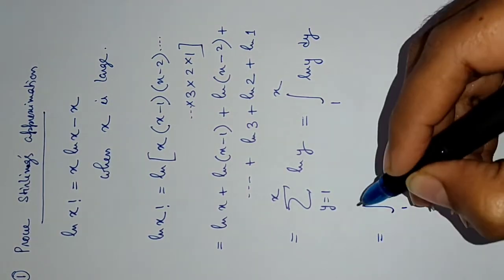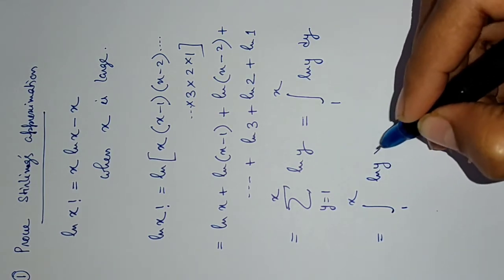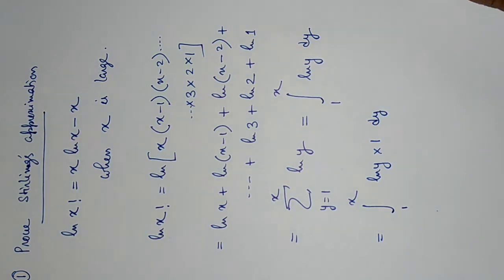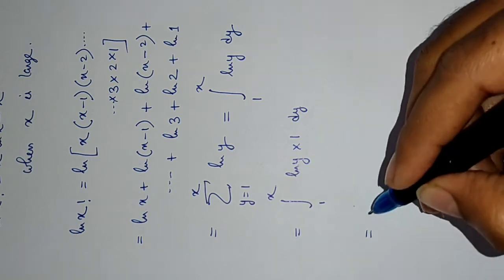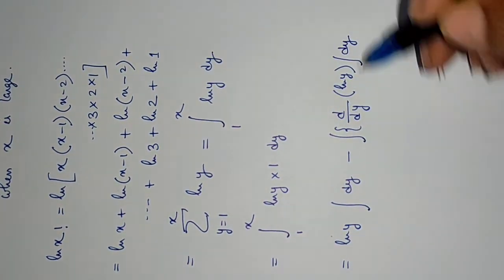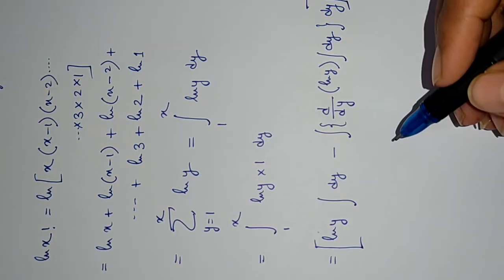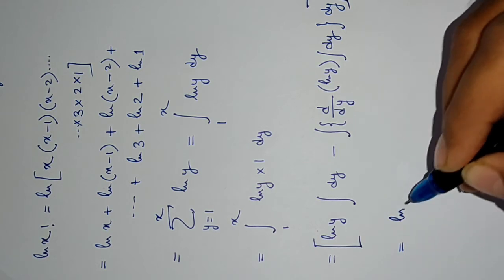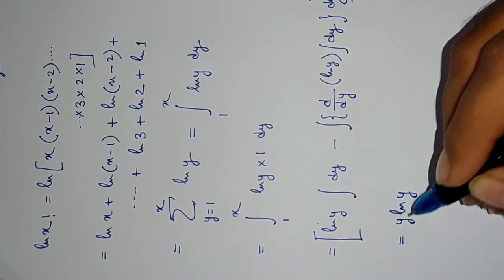We have to integrate it by parts, for which we take it as ln y into 1 dy. So it will act as u v. Now integrating by parts, with limit 1 to x, integration of dy will give y here.